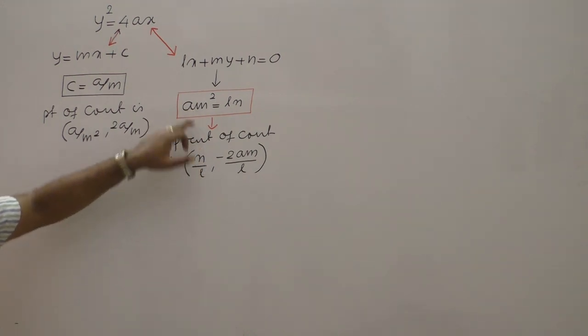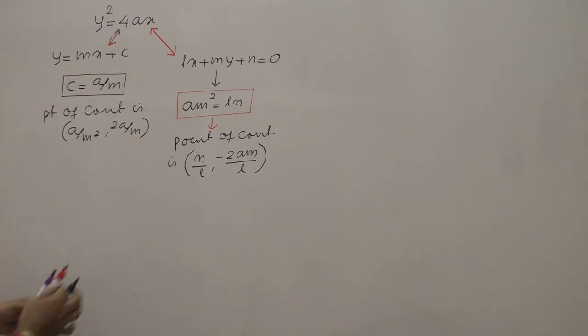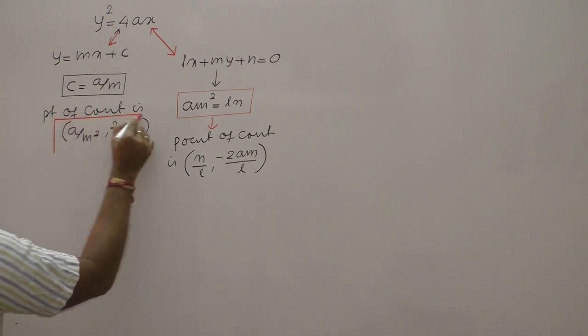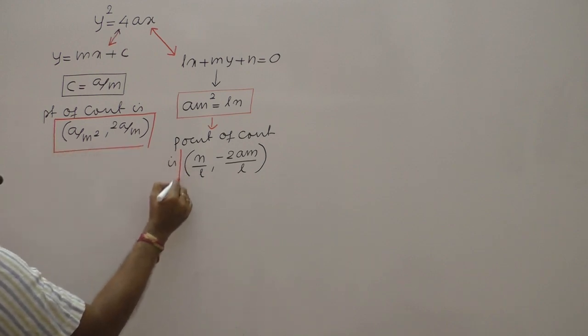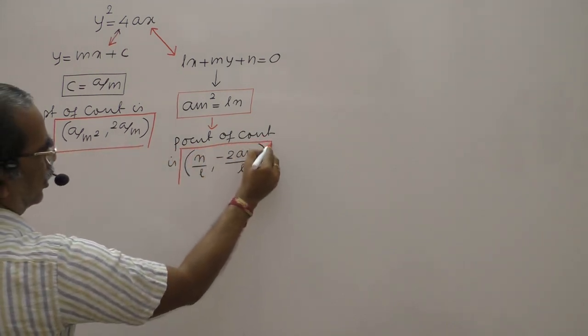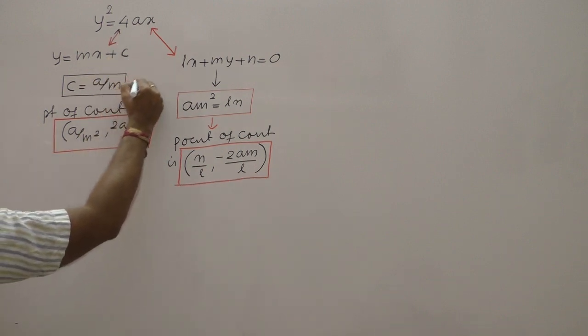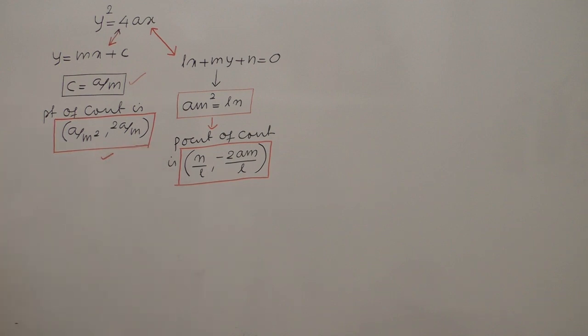These things can be obtained similarly. We have already discussed this and seen the derivation. It can be done in the same way. So for the parabola y square equal to 4ax, if the line is given as y equal to mx plus c, the condition of tangency is this, and this is the point of contact.